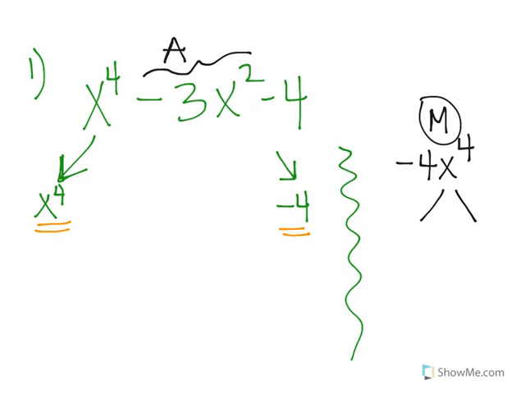So first and foremost, x to the 4th, we're going to be breaking down as x squared times x squared. We always want to break it down evenly. And then what multiplies to be negative 4 but adds to be negative 3? That would be negative 4 and positive 1. And then we're going to insert those 2 terms in the center here.